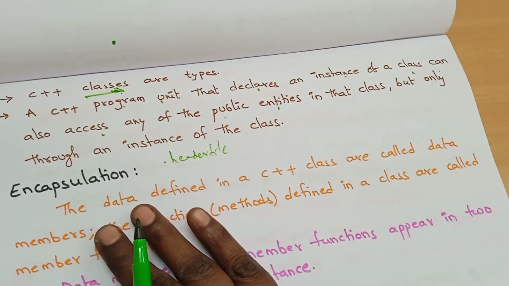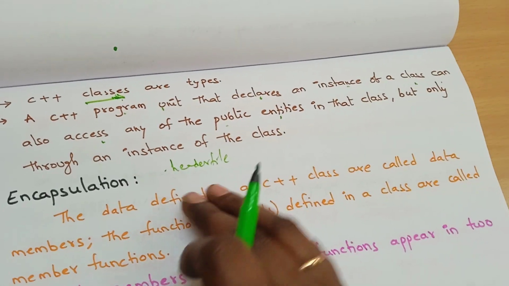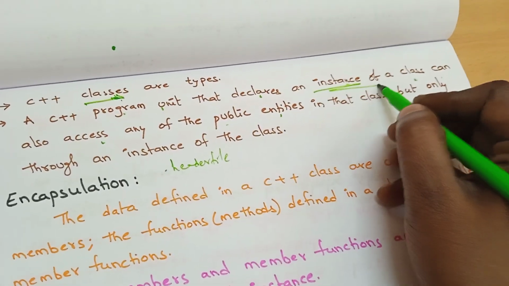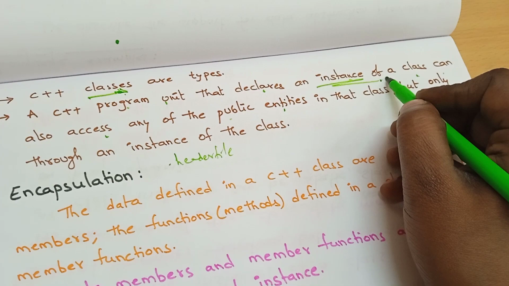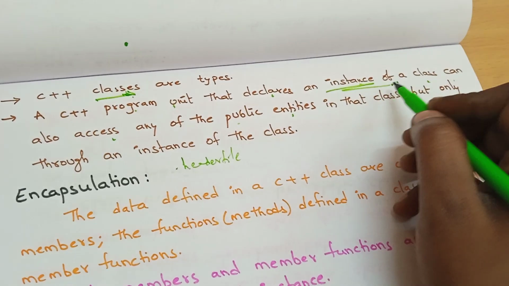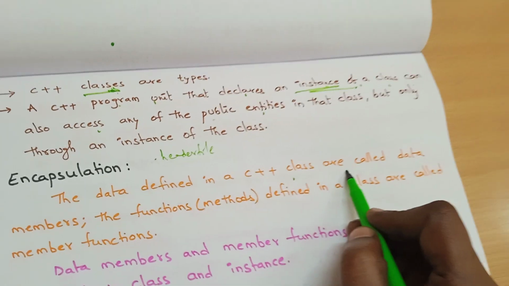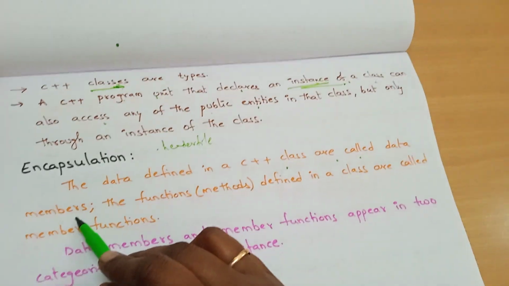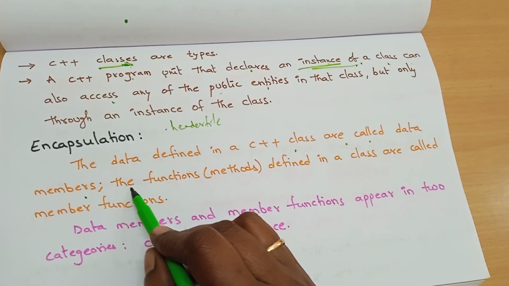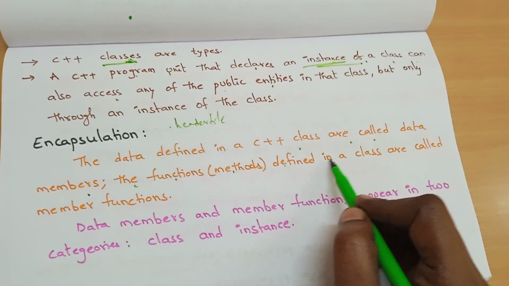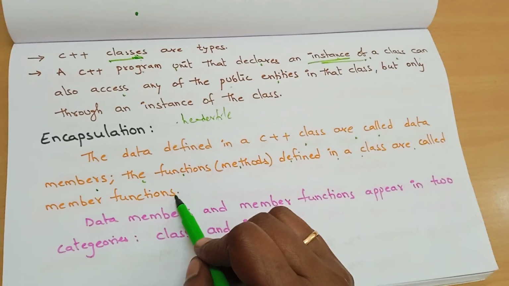Now, what data will we define in the instances of classes? We learn that from the past statement. The data defined in a C++ class are called data members, and the functions or methods defined in a class are called member functions.